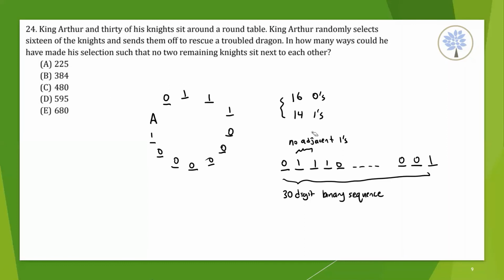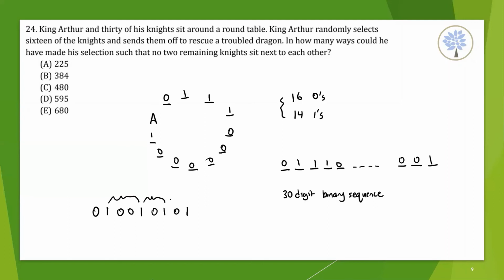And so the way we're going to approach this is we're going to consider the gaps between adjacent pairs of ones. So for example, let's take this example where there are no adjacent ones. We're going to consider the distances between neighboring ones. So in this example, the distance between this one and this one is going to be the difference between their positions.